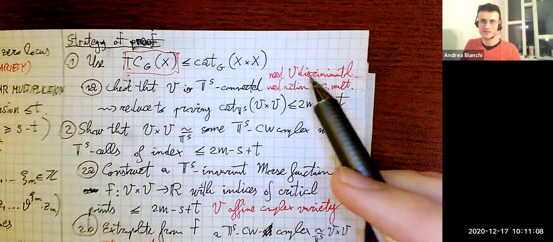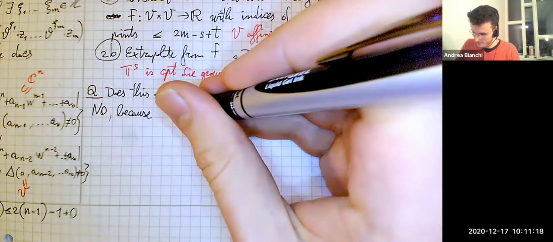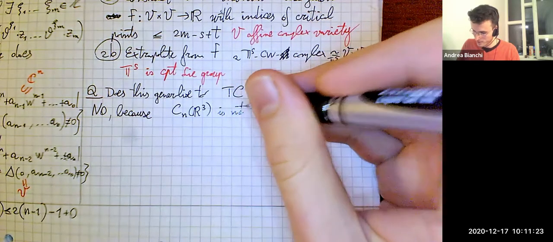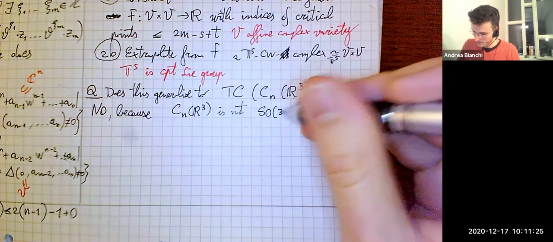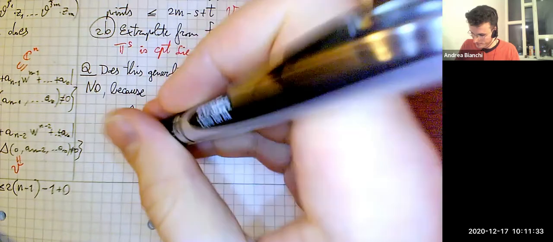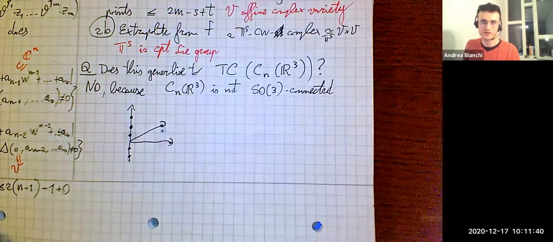But the reason lies in this connectedness hypothesis, because Cn of R3 is not SO3 connected. So how do we see this? Let me make a small picture. Here is a configuration of n points. They all lie on the z-axis.